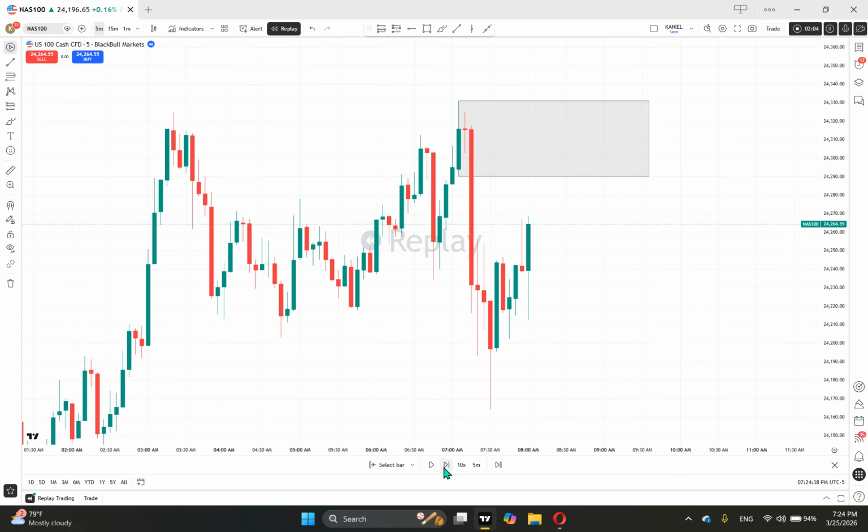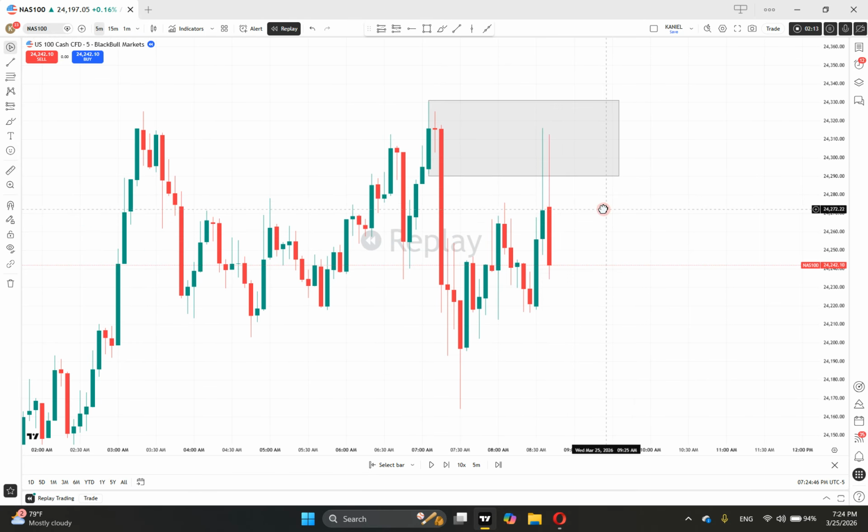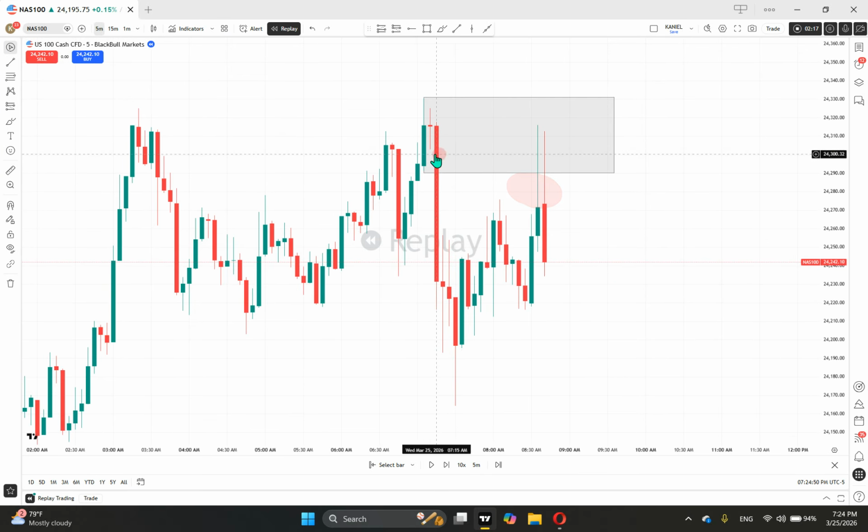So I was waiting patiently for price to reach back into the zone, and it gave us a good rejection. So again, we need the fair value gap attached to the zone. Price came up, almost filled the zone, so this gap was left to be filled.